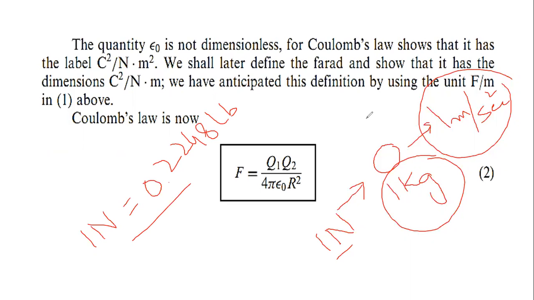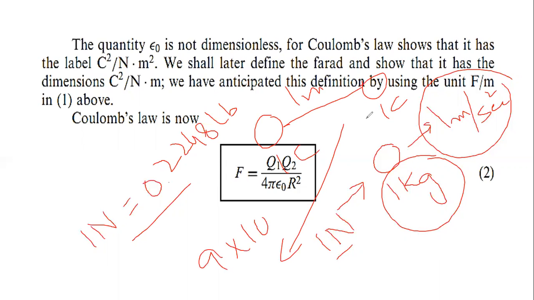It means that if we have charged objects, each having a charge of 1 coulomb, and there is a separation of 1 meter between them, the force between these two charges will be 9 into 10 raised to power 9 Newton. So coulomb is really a big amount of charge.